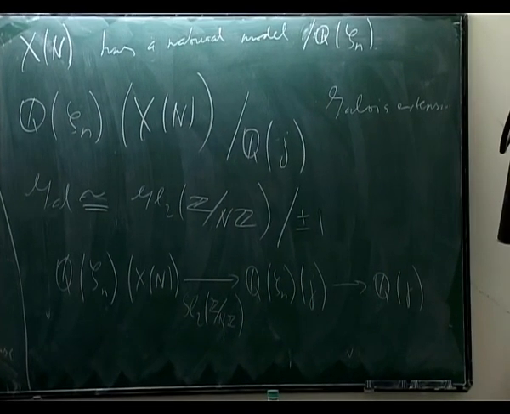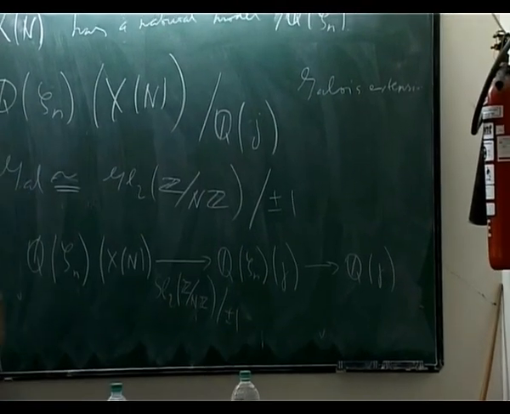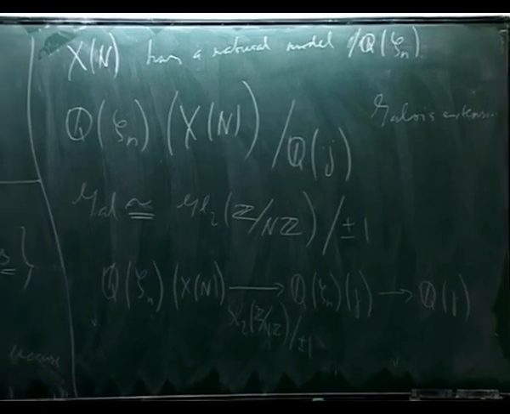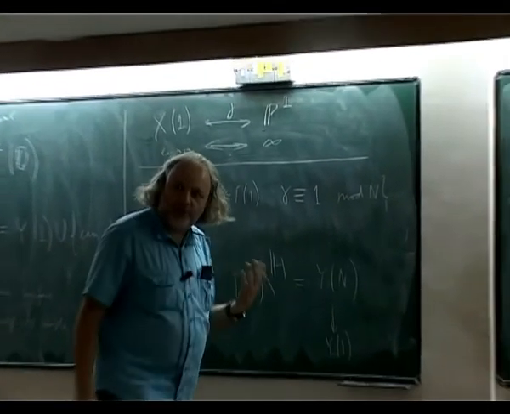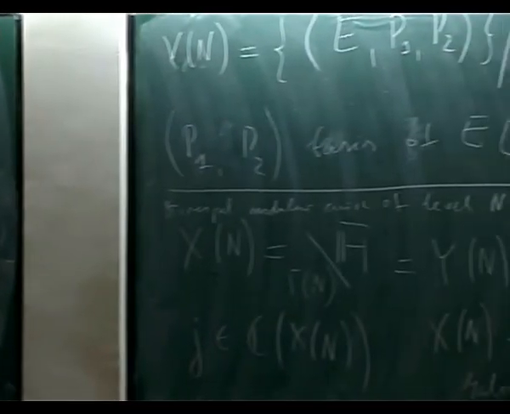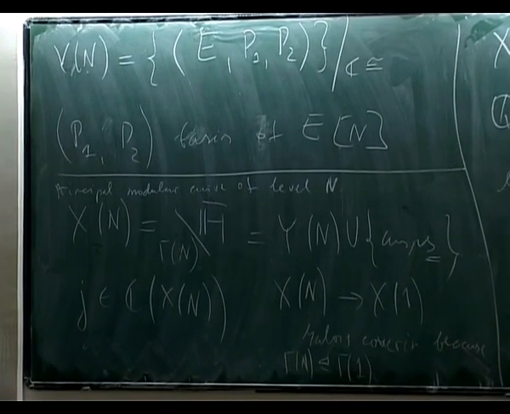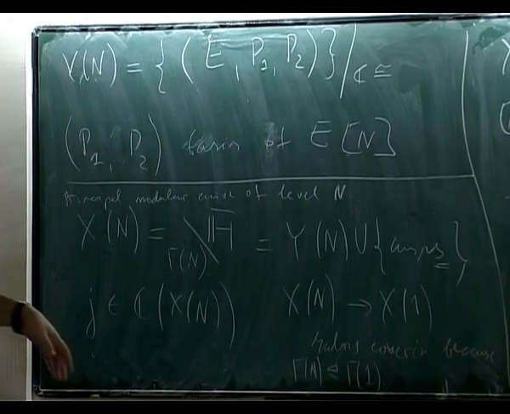And why is it by plus minus 1? Because we want this Galois group to be gamma of 1 quotiented by gamma of n, which is SL2 of Z over nZ. But the point is that plus minus 1 in gamma of 1 acts trivially. So minus 1 acts trivially, so we have to quotient by this.